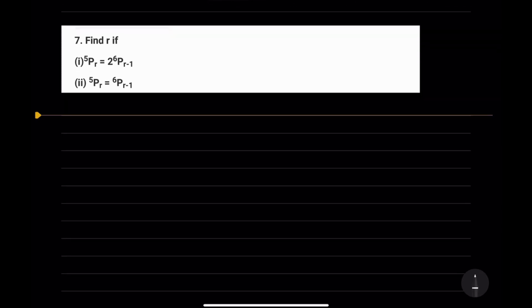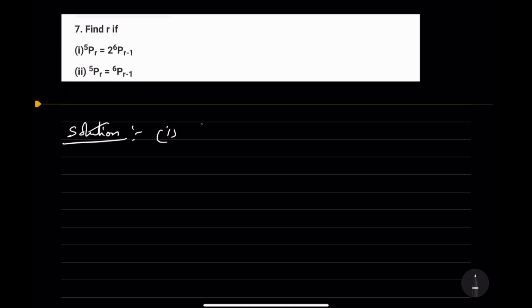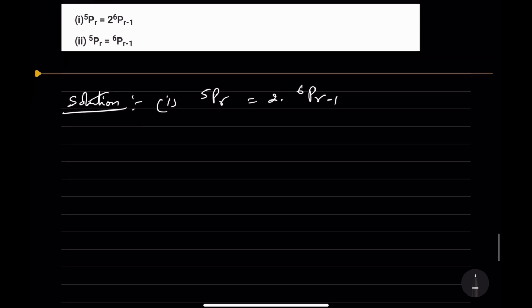In the seventh one, how do we do this? We'll see the solution. Find r if, first one, 5Pr is equal to 2 into 6P(r minus 1). Now we know the formula nPr is equal to n factorial by (n minus r) factorial.